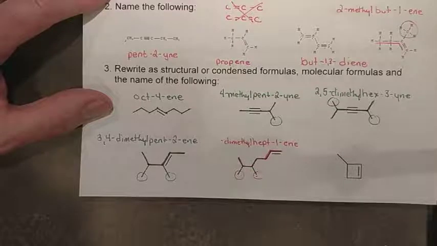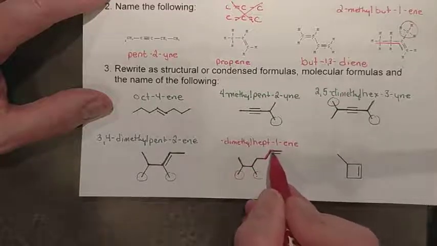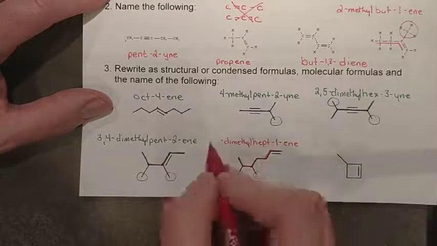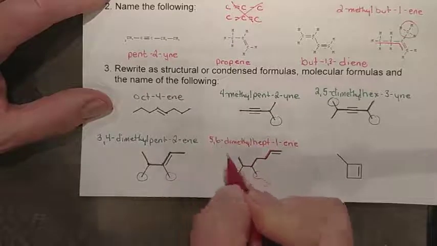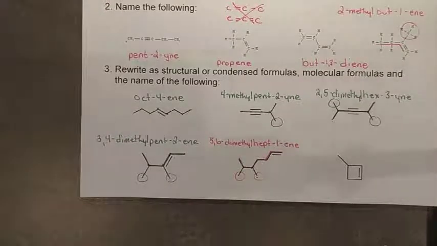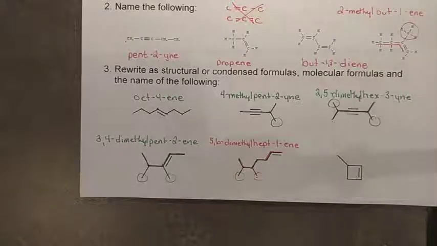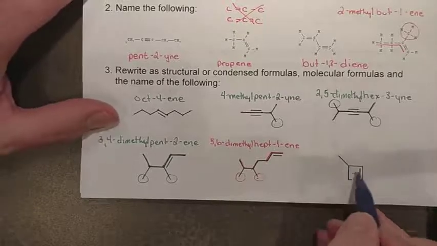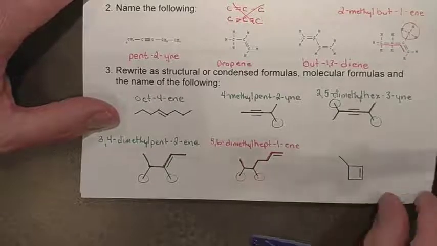We just need to put in the numbers, and they would be at 5 and 6. Okay, so there you go. That's your 5,6-dimethylhept-1-ene.